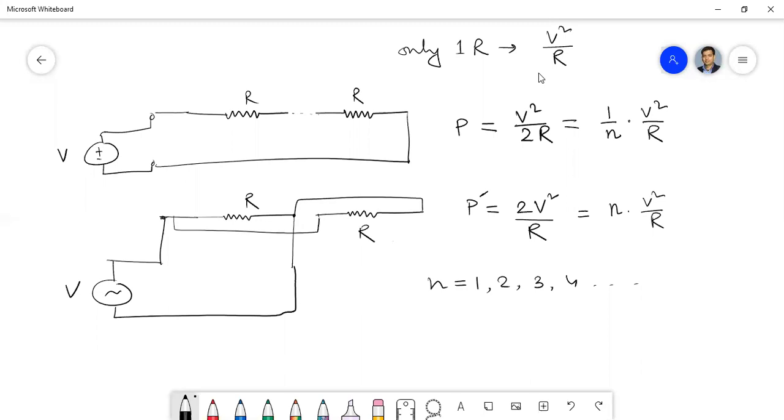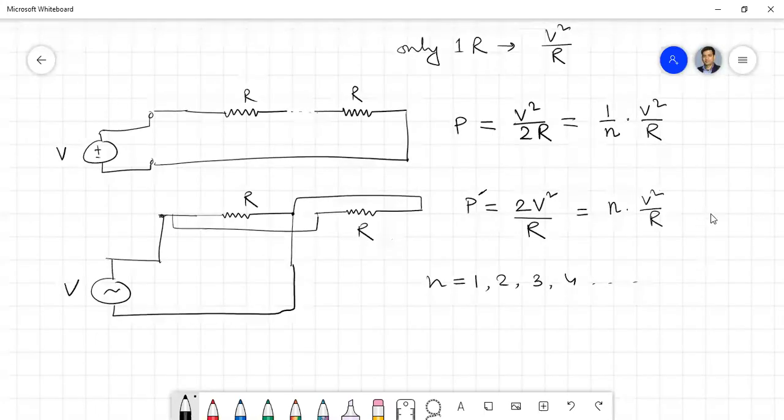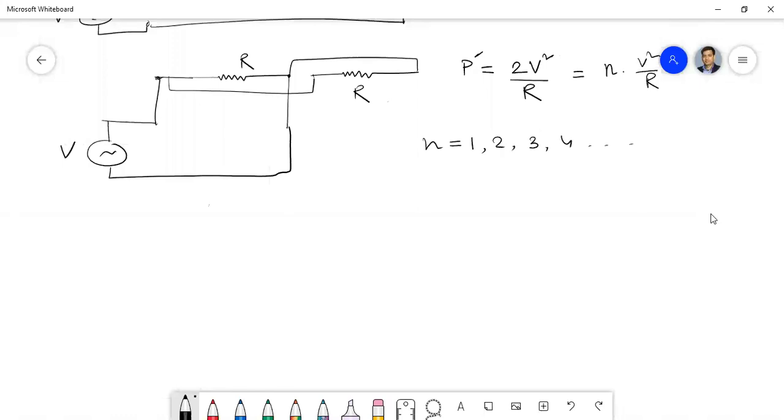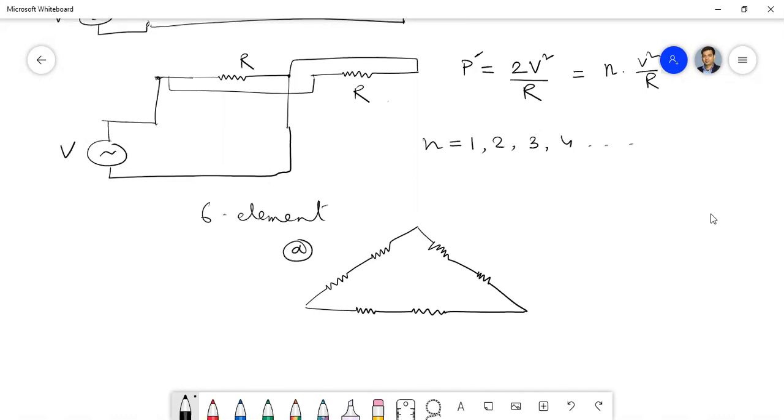Another combination is star delta combination. Suppose I have 6 elements. Now these 6 elements I can connect like this. So this is one combination. Another combination is this, so this is another combination.